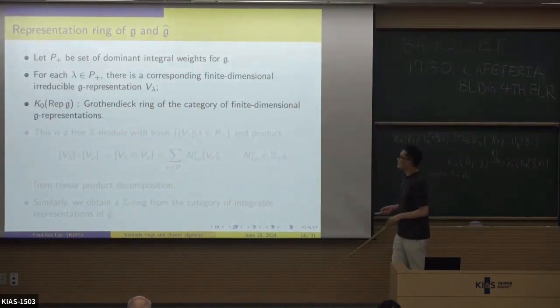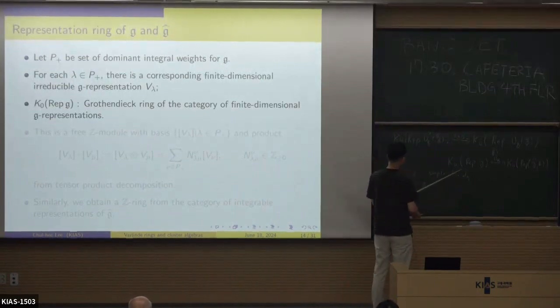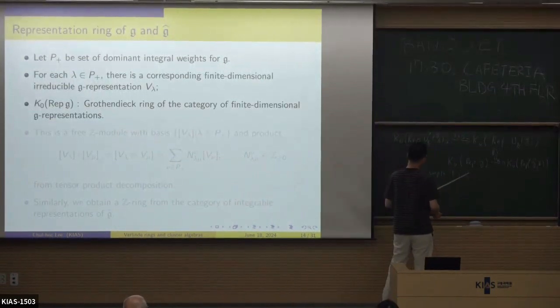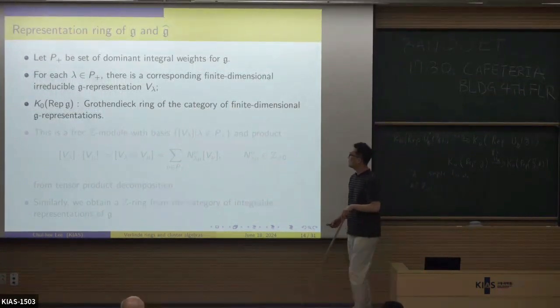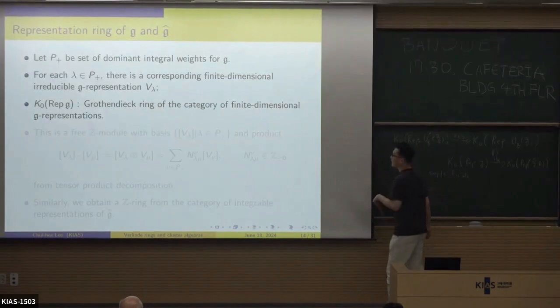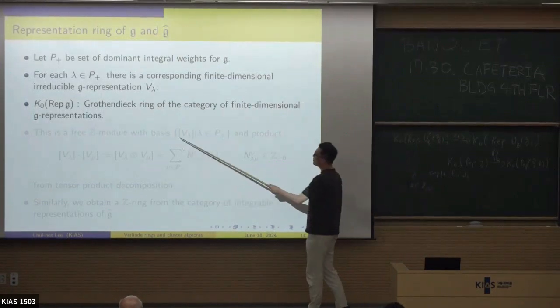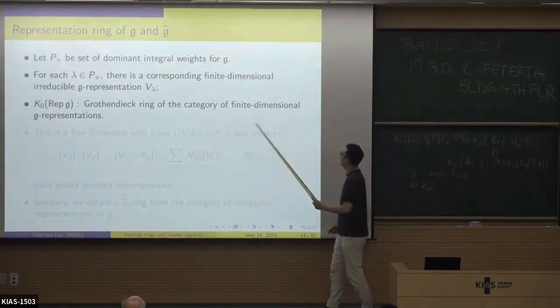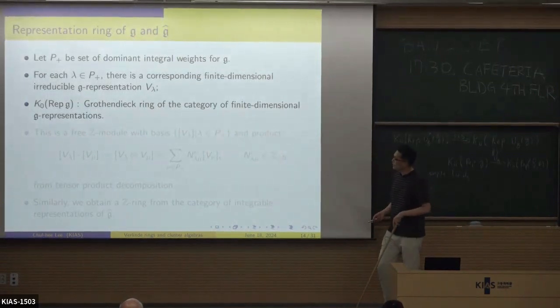Now K0 of Rep g is one of the easiest objects in the theory of representations. It denotes the Grothendieck ring of the category of finite-dimensional representations of g.